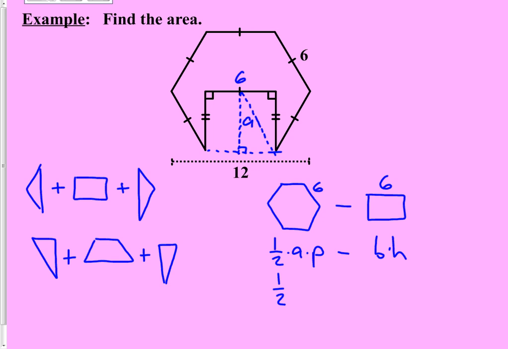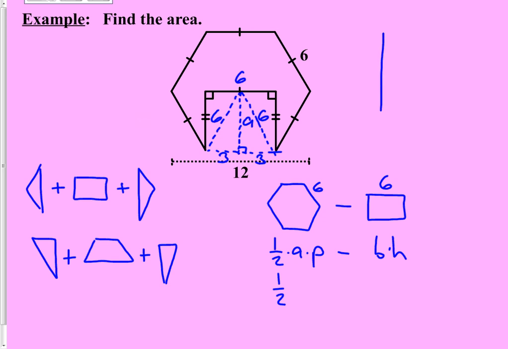Now, if you remember, one of the properties of a regular hexagon is that it breaks down into 6 regular triangles, which means all of the radii inside of the triangle are 6. Now, with a side length of 6, the altitude, or the apothem, breaks the side length, that missing side length of the regular hexagon, into 2 pieces.